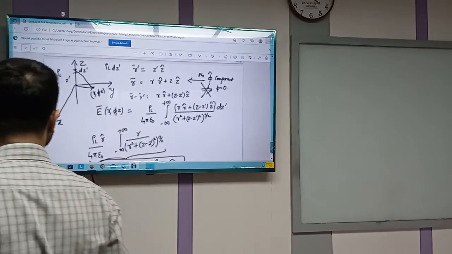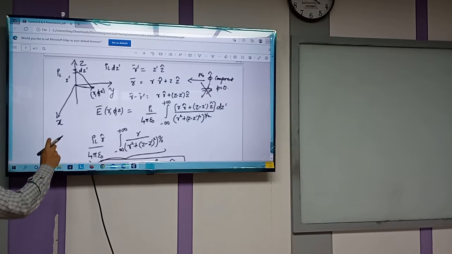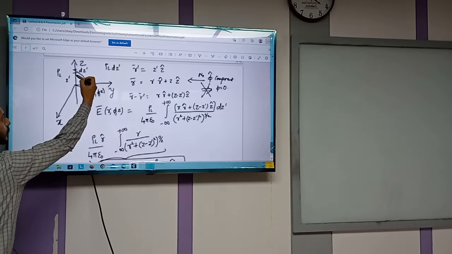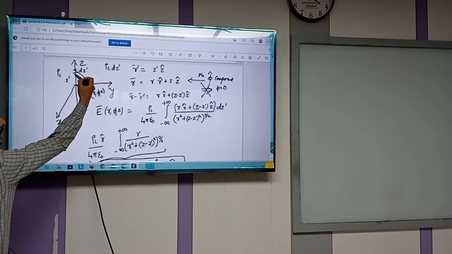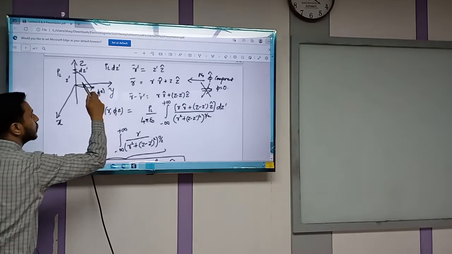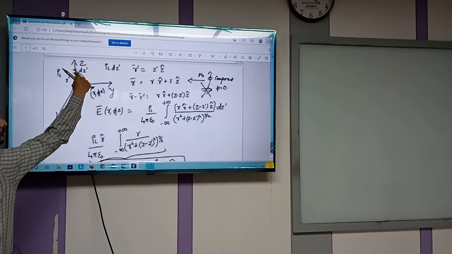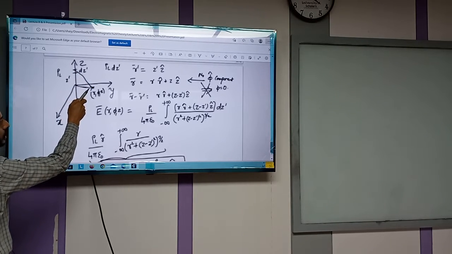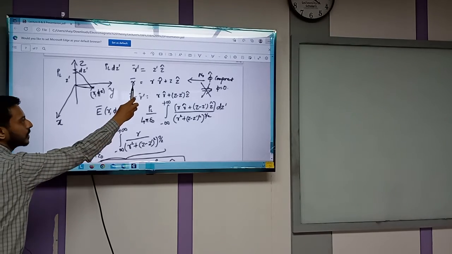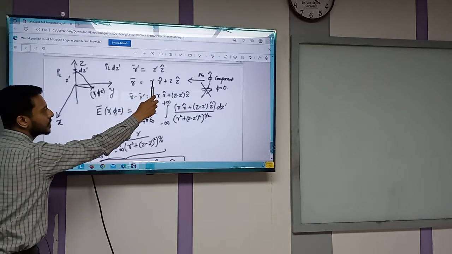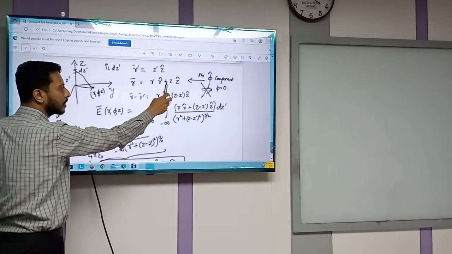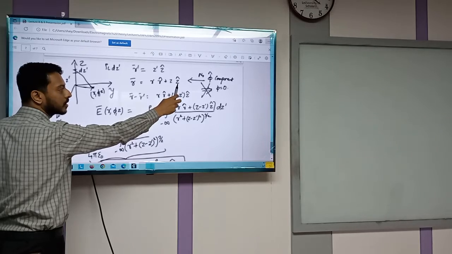So basically, this is your r dash, the length of this line times the unit vector will give you the vector in this direction, okay. And what will be the field vector? Let's say your field vector is r bar, which is equal to r times unit vector of r plus z times unit vector of z.